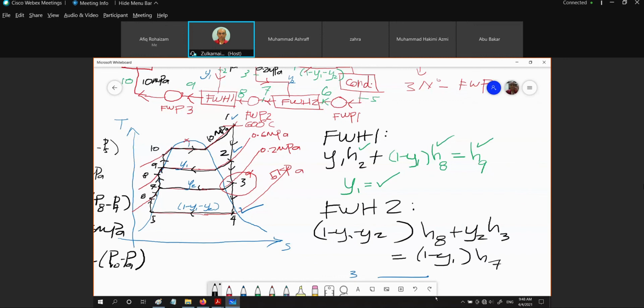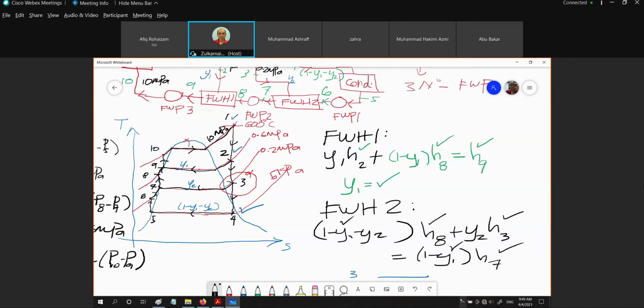From here, we have all the enthalpy, and also we have Y1 from the previous equation.